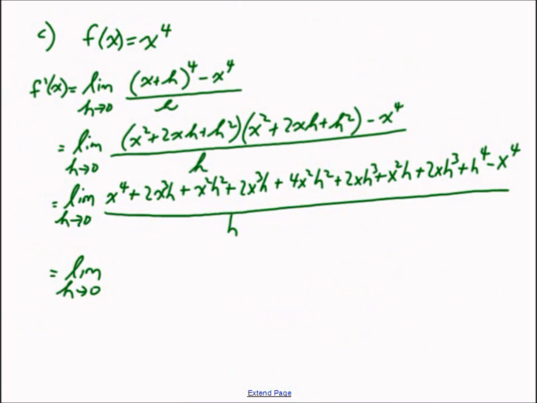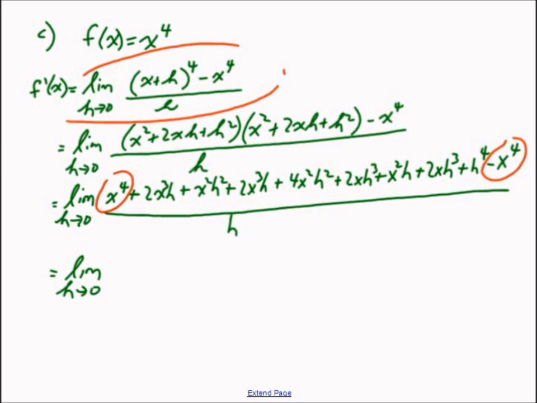Okay, and this last one here, f of x equals x to the power of 4. The derivative is the limit as h approaches 0 of (x plus h) to the power of 4, subtract x to the power of 4, all over h. We do out that algebra until we end up at this step, at which time we can see x to the power of 4 minus x to the power of 4 equals 0. So they cancel.